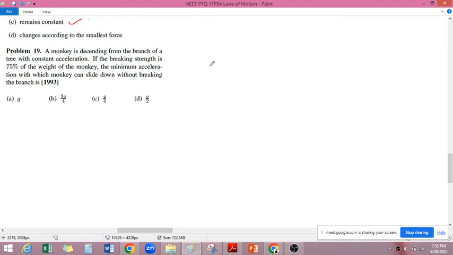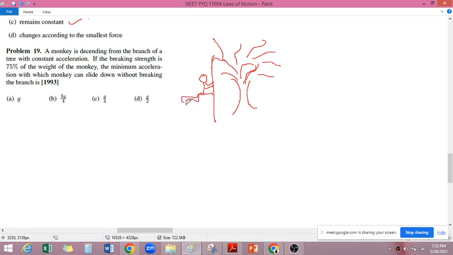Monkey is descending from the branch of a tree with constant acceleration. So let's say the tree is like this. It's a tree, and maybe it's a big branch like this. That's the tail of the monkey.